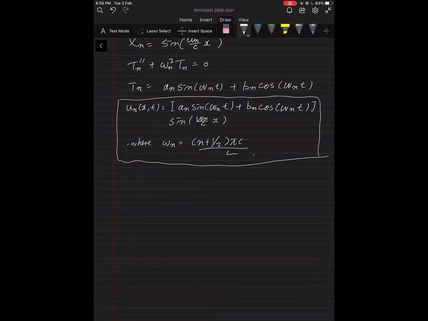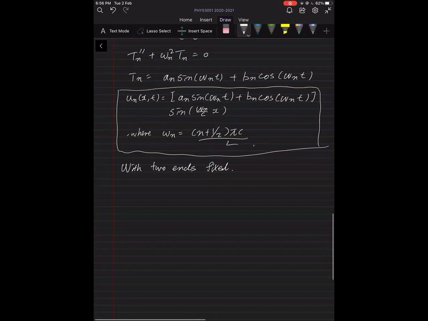So how about the case with two ends fixed?